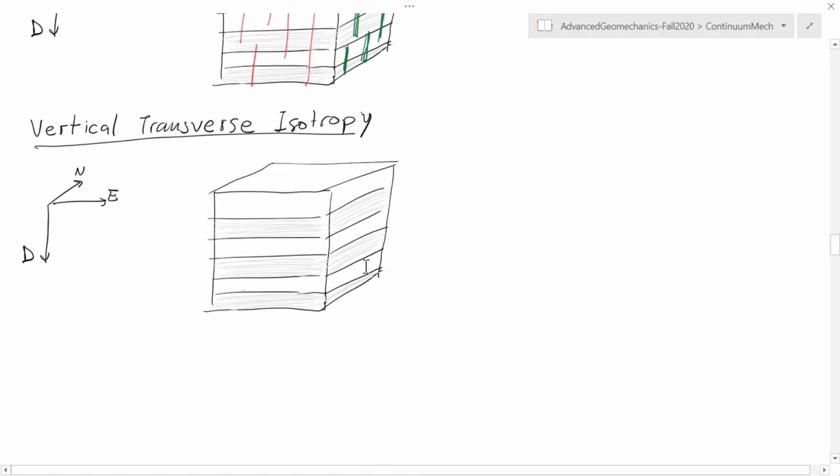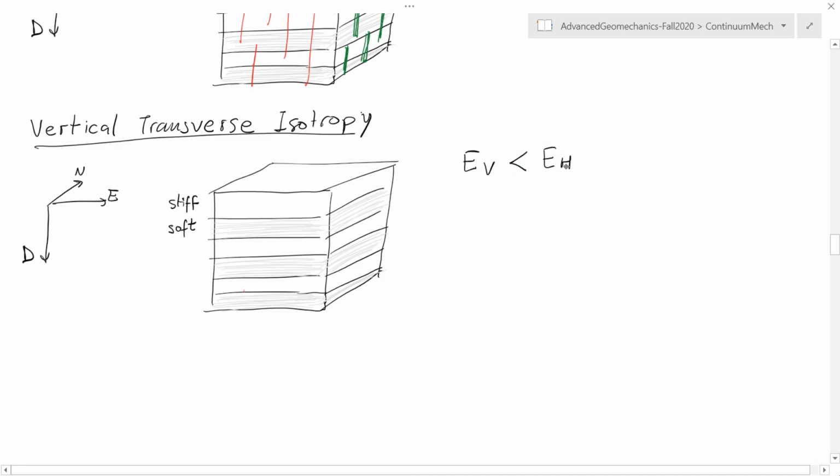In this particular example, I have a rock with layers aligned in the horizontal direction. Usually when we have this type of combination, I would have layers of stiff and soft rock, and when you use the volume average properties, something we're going to do later on when we get into detail, we usually find that the vertical Young modulus is smaller than the horizontal Young modulus.